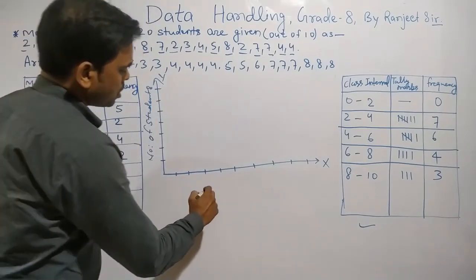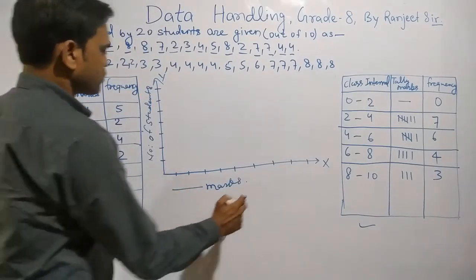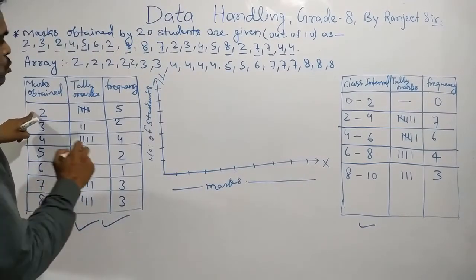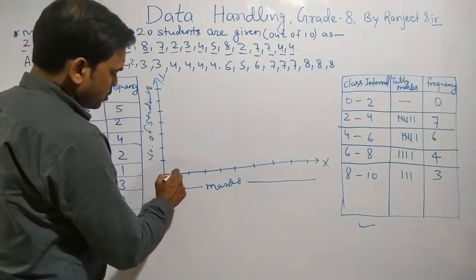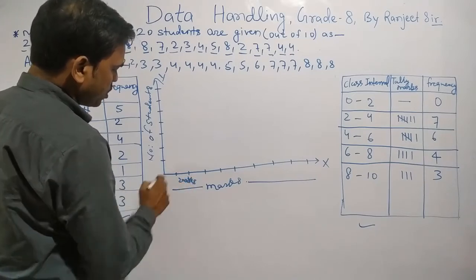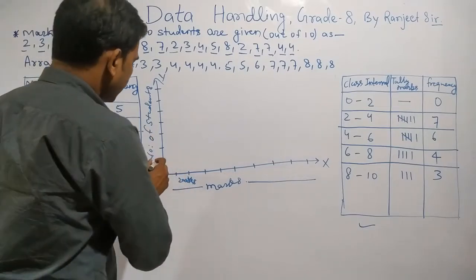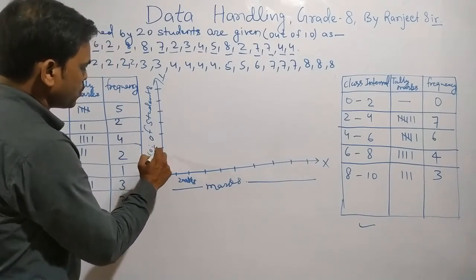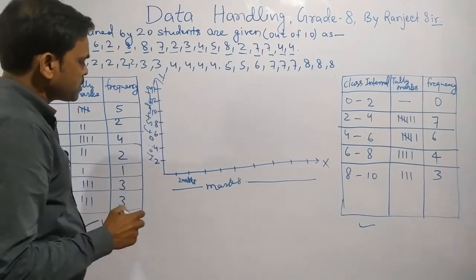Now 2 marks, how many students have got? 5 students have got. We need to write the numbers on this axis also, so taking the difference of 2: 2, 4, 6, 8, 10, 12, 14 like this.